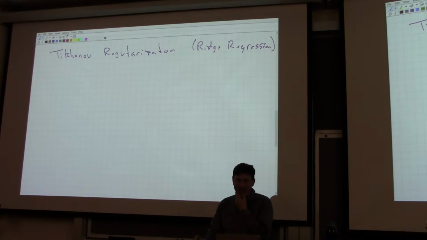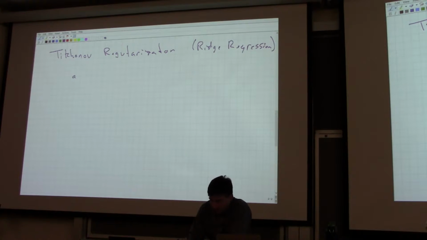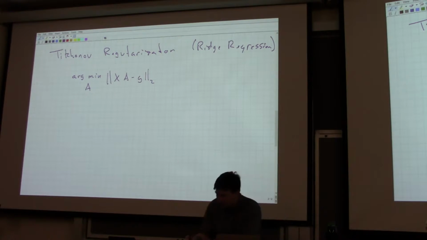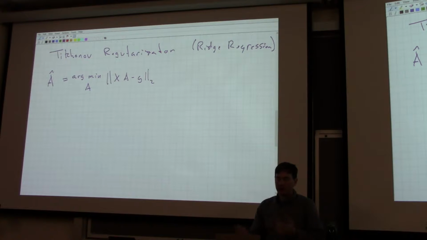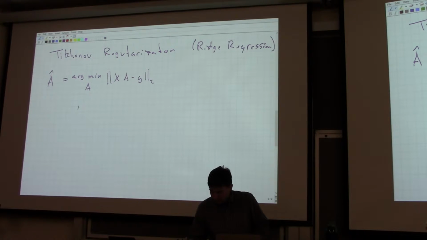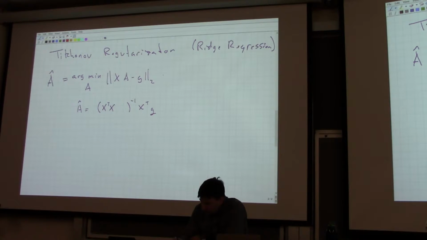And so the idea is that instead of solving for these coefficients that just minimizes the norm of xa minus y, so instead of just solving this, right, this was my solution from least squares, and there was this simple closed form way of doing it, I'm going to add on an extra term here.